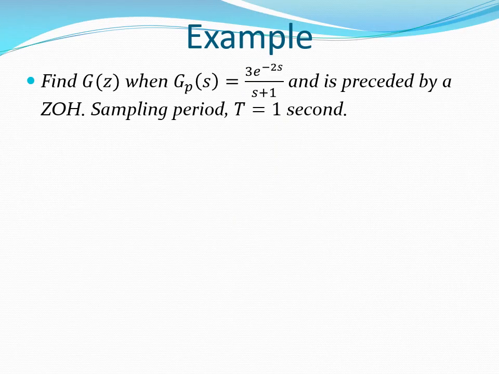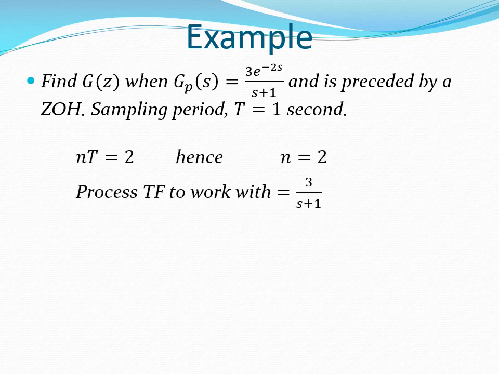In this example, we are given G(s) as being equal to 3e to the minus 2s over s plus 1, and we are told it is preceded by a zero order hold. Sampling period is 1 second. We want to find G(z). We notice that the TF represents a process with a time lag. By inspection, we note that nT equals 2.